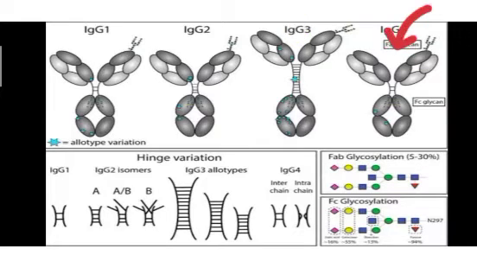And IgG4 usually comprises less than 4% of total immunoglobulin G. Immunoglobulin G4 does not bind to polysaccharide.